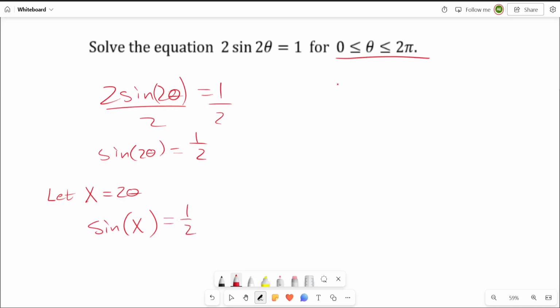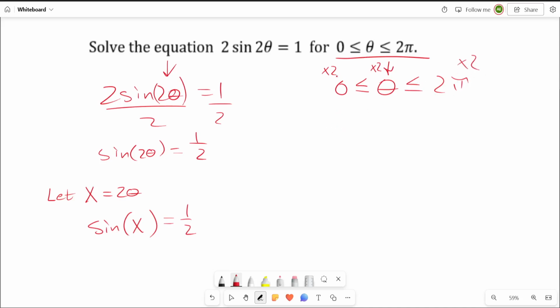Okay, and let's see what we will do for our range. We have this range over here, but we're not working with theta, we're working with 2 theta. So we need to make the part in the middle 2 theta. In order to do this, I will need to multiply the middle part by 2. And whatever I do to the middle part, I need to do the same for the left part, so I'll multiply by 2 here, and to the right part as well.